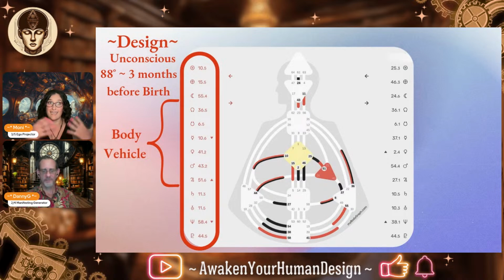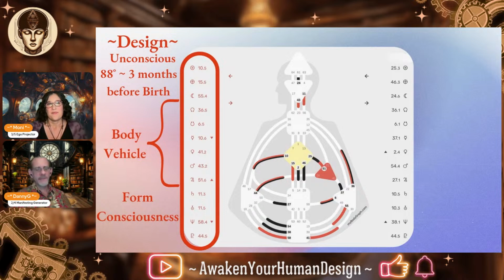I even think of red, like blood, right? It's what is animating the underneath. And this is about form consciousness. This is about the consciousness of the body, even if you're not consciously aware of it, which is kind of funny. Right, and it's meant to be relatively unconditioned because it stays pristine. It has nothing to do with the personality, and you're meant to be unaware of it.